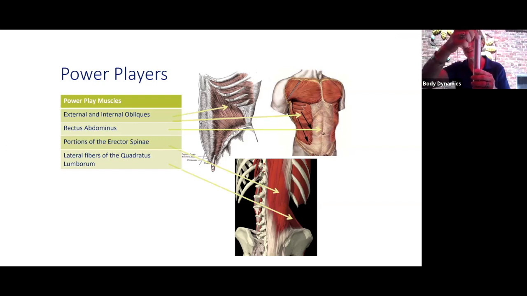They might attach up here, and they might attach all the way down here. But when they contract, they're going to distort the spring. That's what creates movement, right? If I want to run and jump, then I need those big power muscles to move me through space. But I also need them to move me predictably through space.